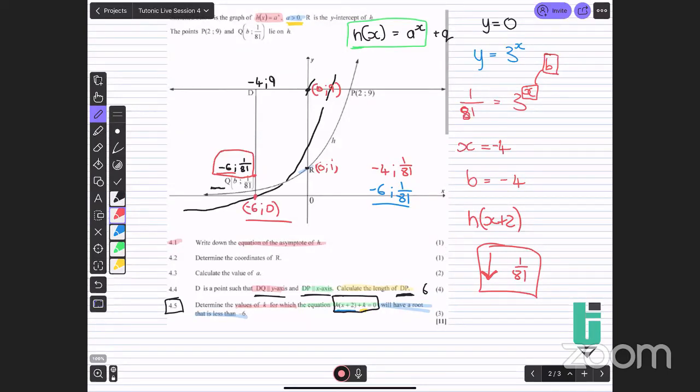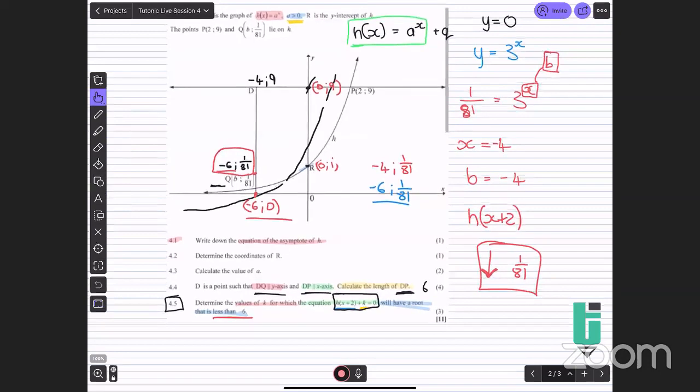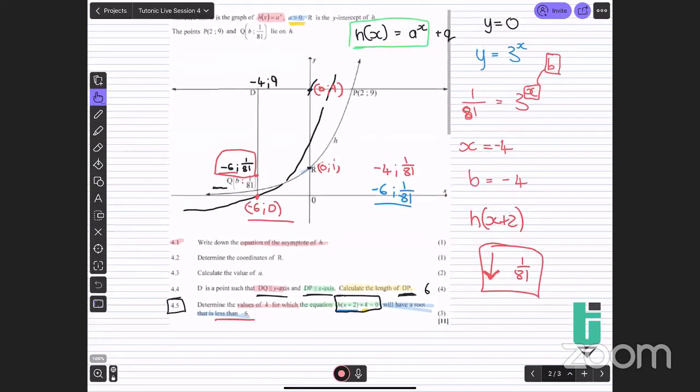But they want less than -6. So what must I do to the graph? Move it up. Do you see that? Look what happens to the x-intercept when I move it up. Do you guys see that? Yes.